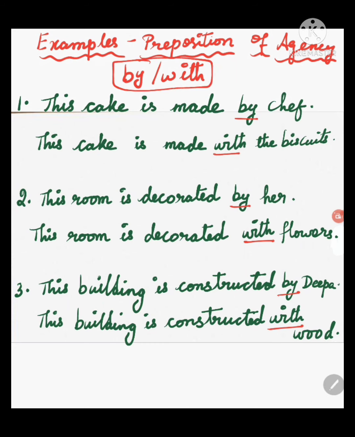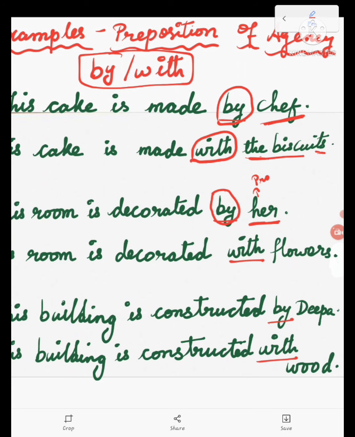Then this room is decorated with flowers. With flowers. So flowers is a thing. What was used to perform the action? Here the flowers are used. Is it okay?